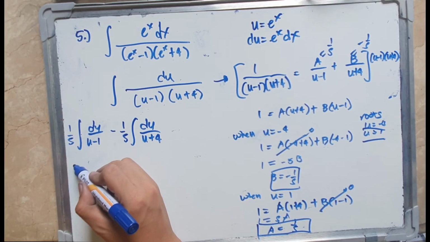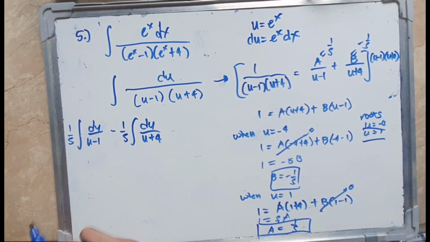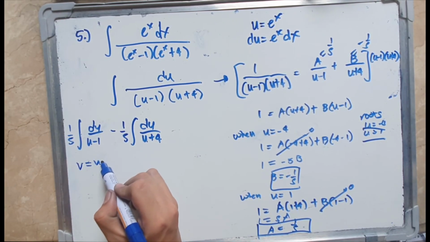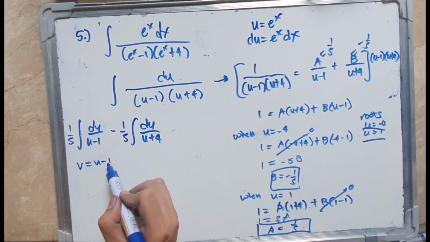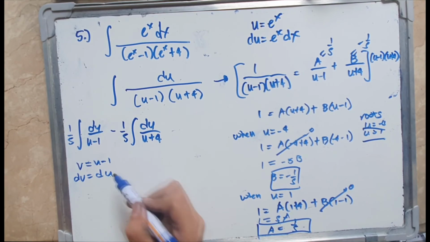If this is the u, let's try another variable. Let's have v equal to u minus 1, the integral of dv, we have du.